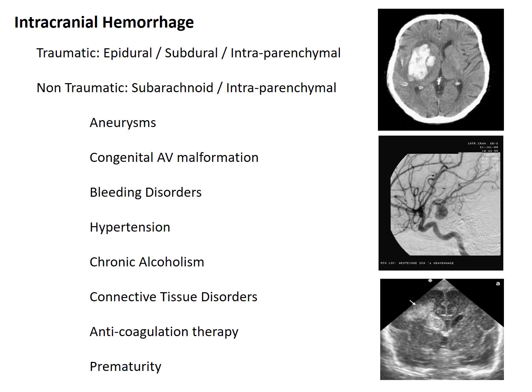Aneurysms, AV malformations, individuals with congenital bleeding disorders, profound hypertension, chronic alcoholism, connective tissue disorders, individuals on antiplatelet or anticoagulant therapy, and very preterm infants who spontaneously develop periventricular and intraventricular hemorrhage.